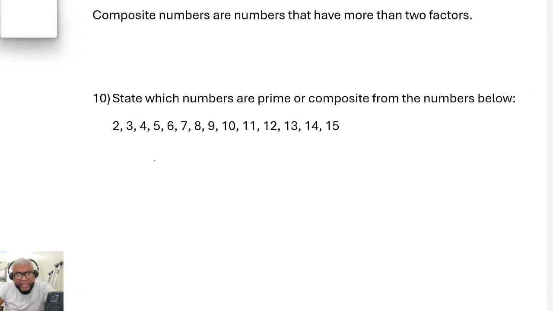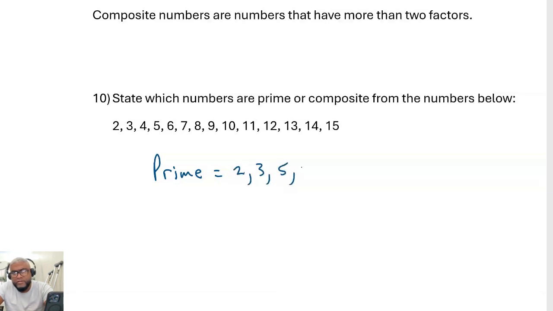So Makai, list out my prime numbers here for me. What are my prime numbers from these numbers above here? So 2, 3, 5, 7, 11, and 13. Composite numbers, Francis.